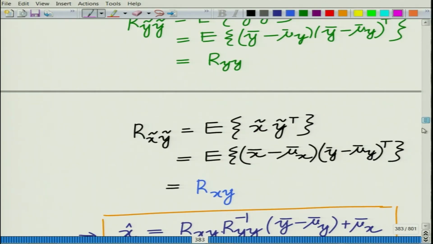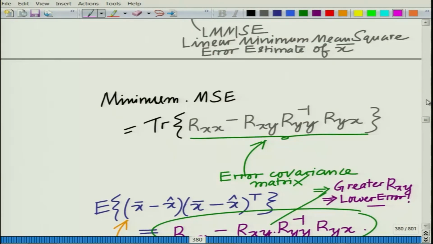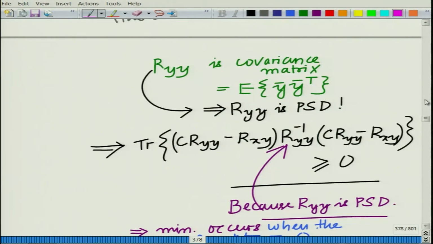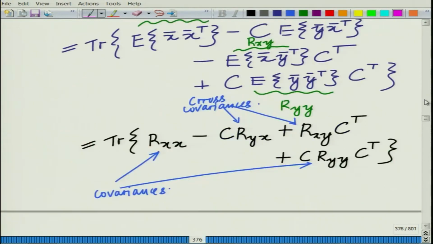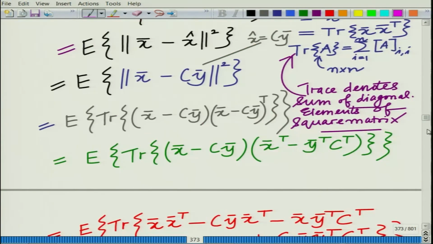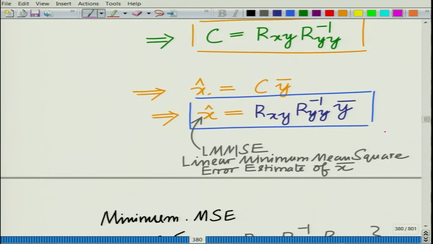You look at this quantity, which is essentially the LMMSE estimate of x bar given y bar. We have replaced the x by h. This essentially is your LMMSE estimate.